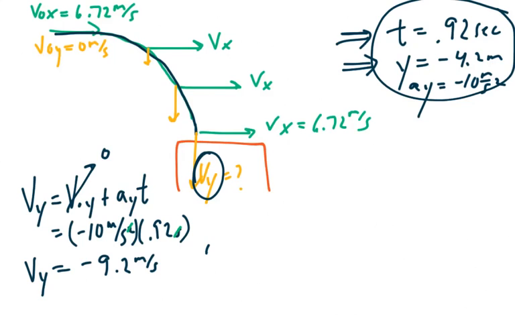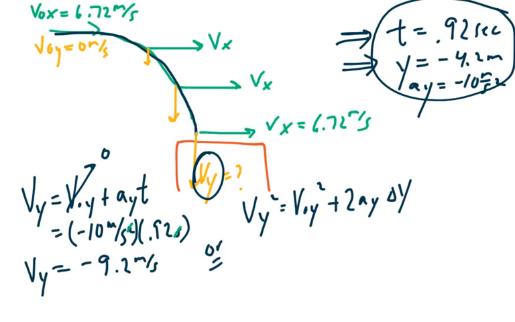Okay, here is another way. Vy squared, now as a function of the displacement, is equal to V0y squared plus 2Ay, the acceleration in the y, times the change in the vertical displacement. Once again, we can simplify since the initial y velocity is 0, and substituting in, it would be 2 times negative 10 meters per second squared times negative 4.2 meters.